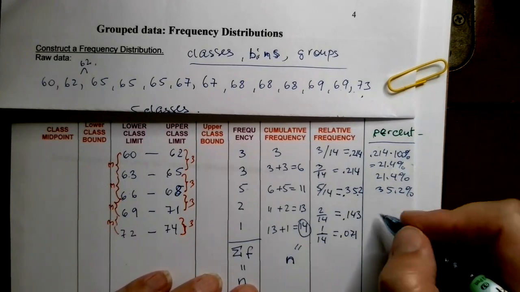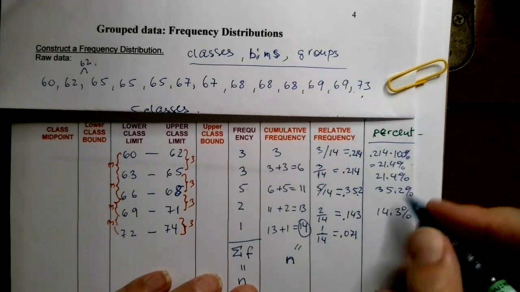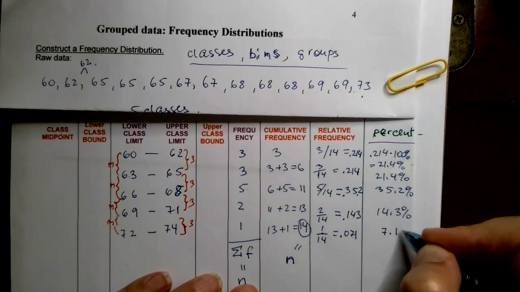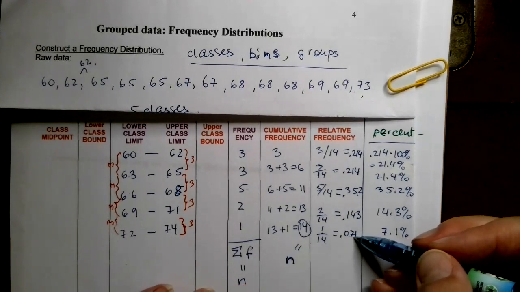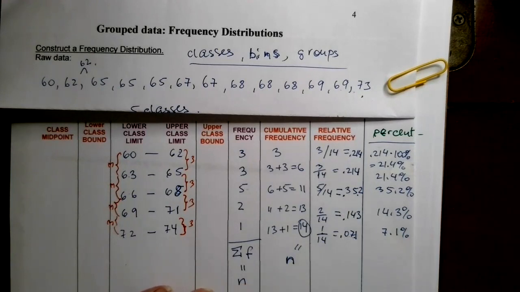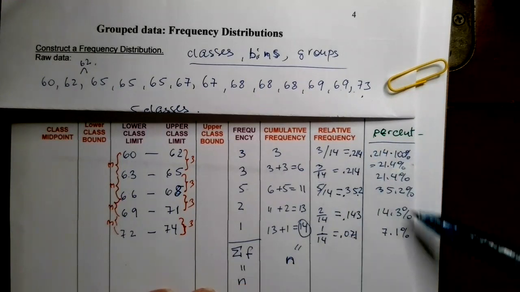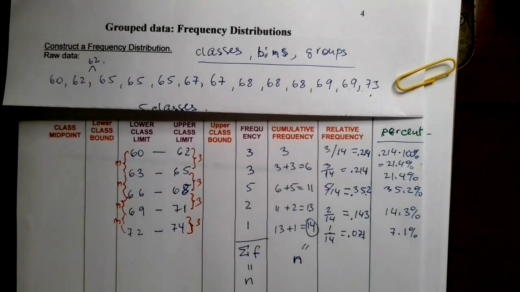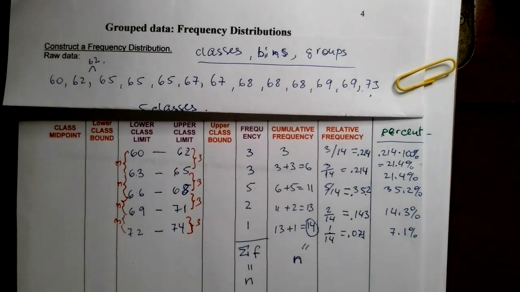For the next one, it's 14.3, and for the next one, 7.1. Again, move the decimal point twice to the right and you get your percentage representation. So this is called decimal form, and this is percentage form. Okay, so that's percent.